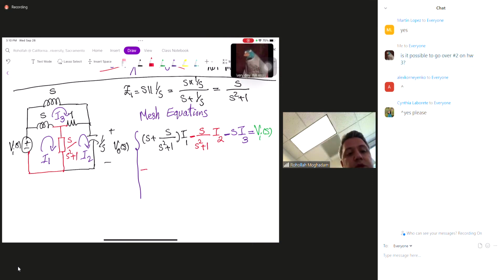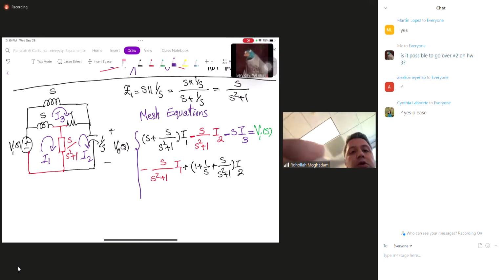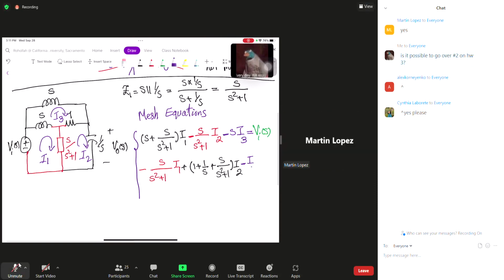So common between mesh 1 and mesh 2 is negative S over S squared plus 1 I1, plus 1 plus 1 over S plus S over S squared plus 1 I2, minus what is the common elements between mesh 2 and 3? Just one, right? Yeah. Minus I3 equal to 0.